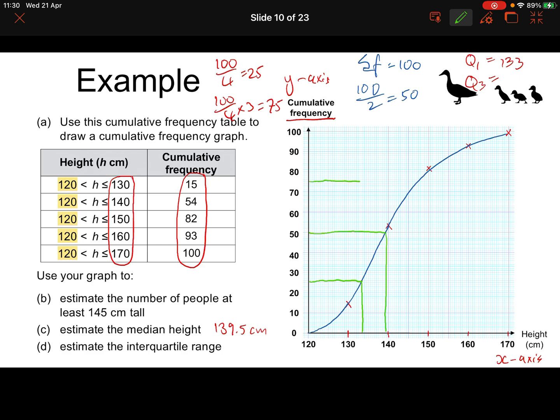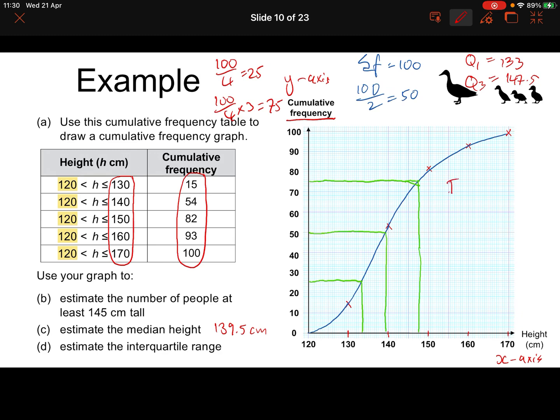So use a ruler, and then read off where you think you are. I think that's about 147.5. So median 139.5, Q1 133, Q3 147.5.